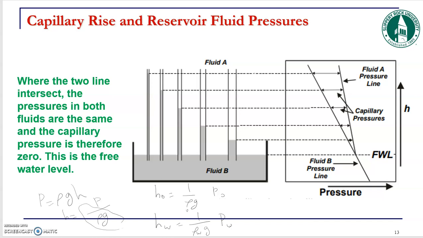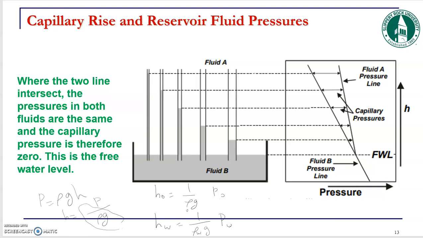Therefore, this slope is going to be lower for the water, because the density of the water is higher. So if you look at height as a function of pressure, you can see that this is the water line, this is the oil line. This is how the pressure of the oil is changing.